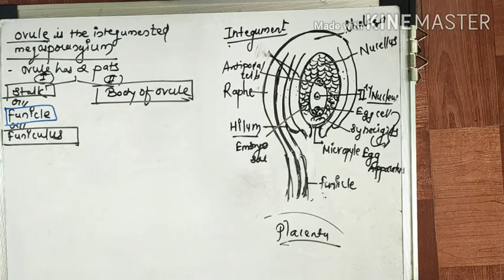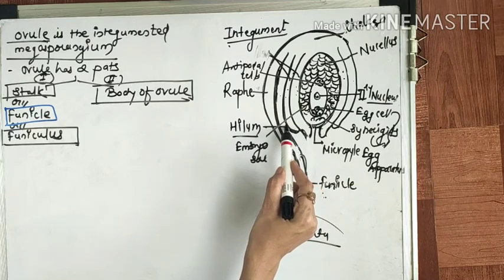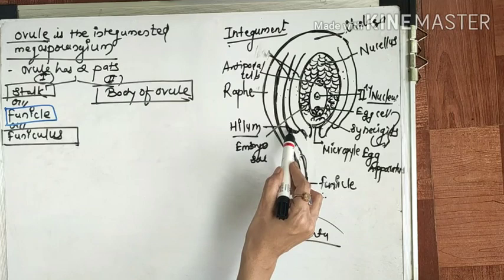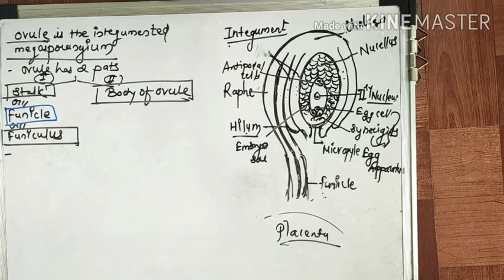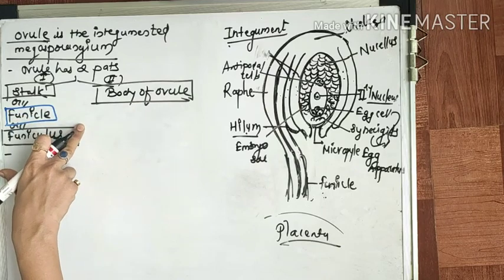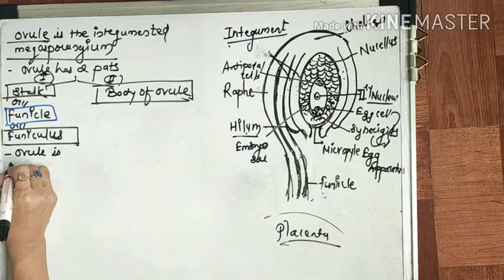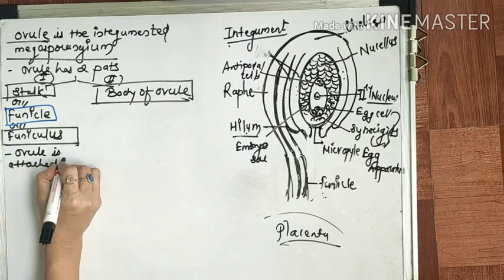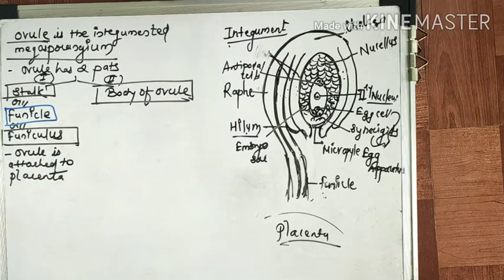Fine? Now, this point of attachment of the funicle, this is a funicle, and this funicle is attached to the ovule. So here the point of attachment of funicle to this ovule is known as hilum. Got it? The ovule is attached to the placenta by a stalk.